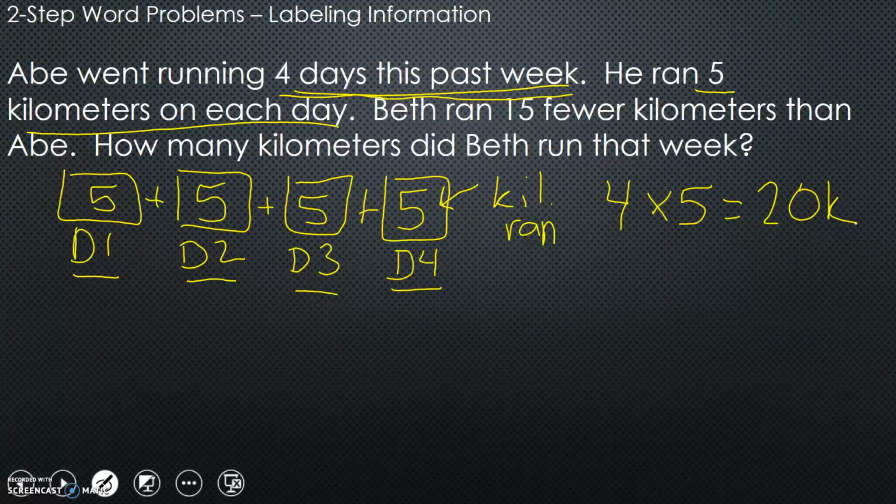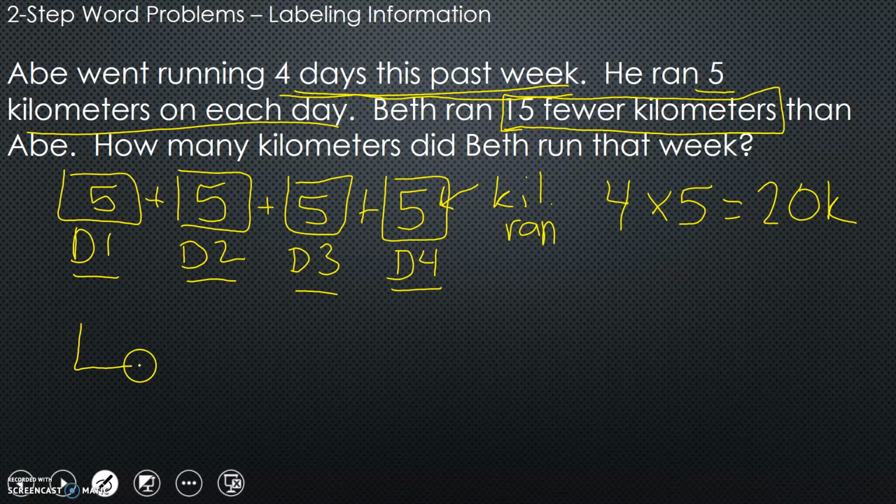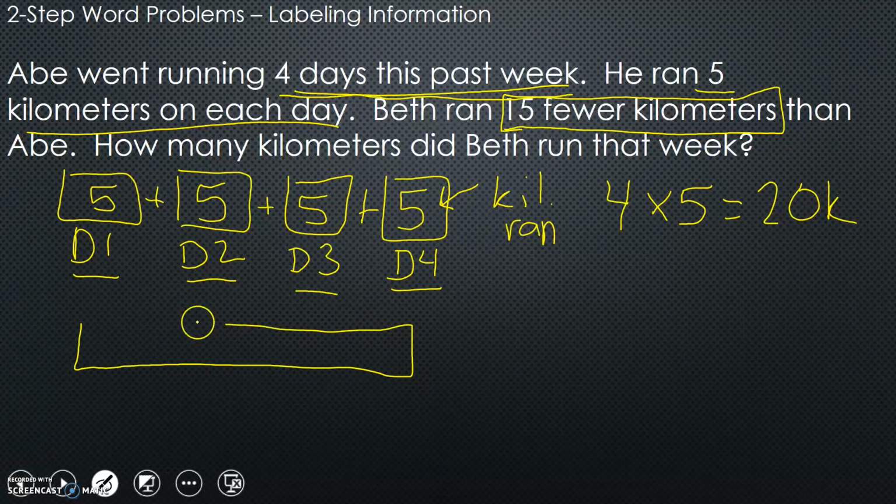Now let's keep reading. Beth ran 15 fewer kilometers than Abe. So now what I want to know is, how many kilometers did Beth run that week? So if Abe ran 20 kilometers, here's Abe's 20 kilometers.